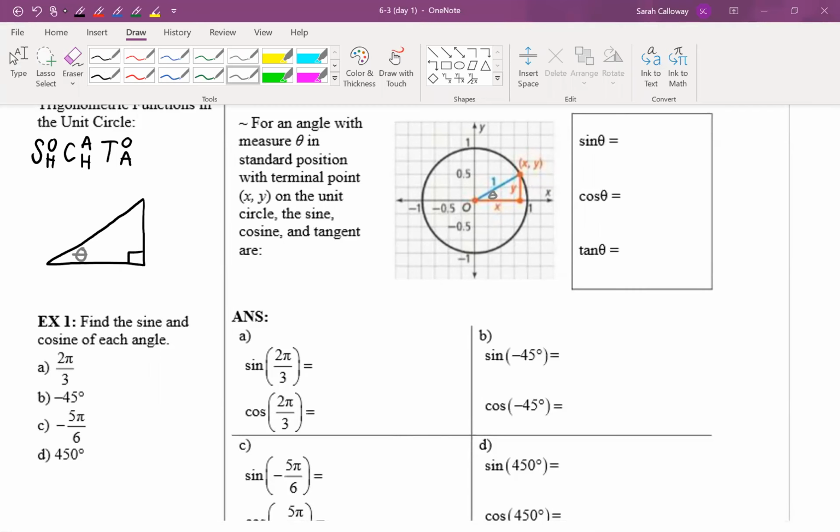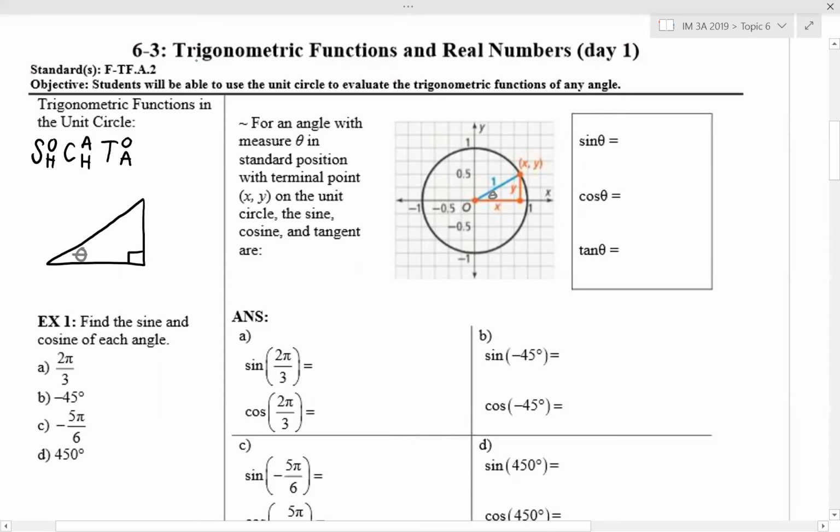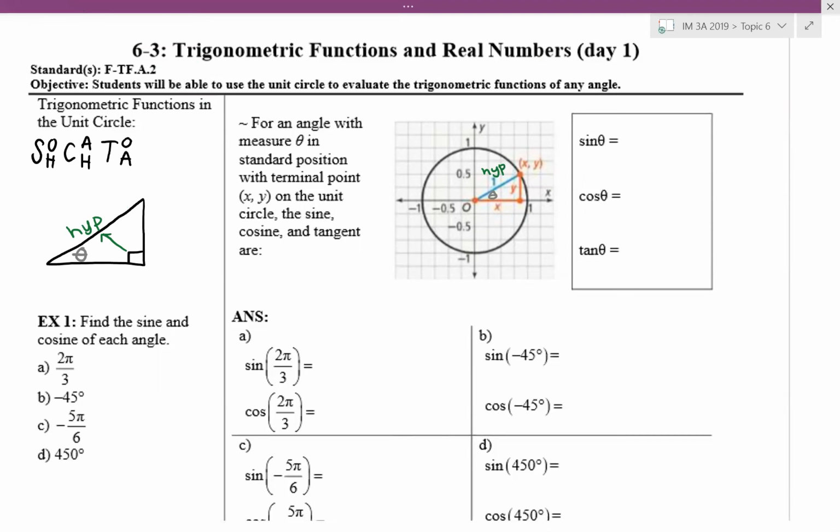And then one thing that we talked about was that the hypotenuse is the side across from the right angle. So in this, our hypotenuse is here. One thing to notice is that in the unit circle, the hypotenuse is actually always 1.